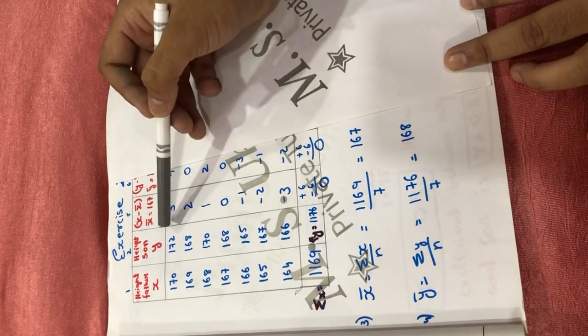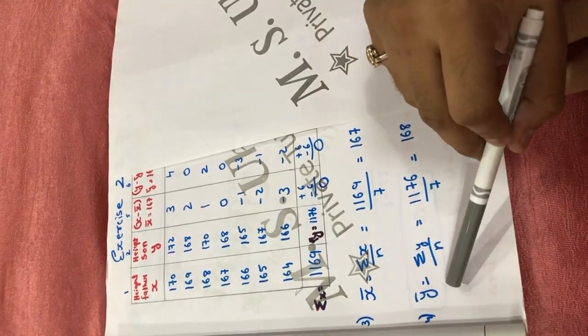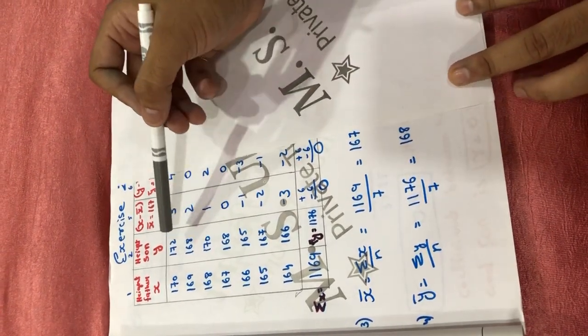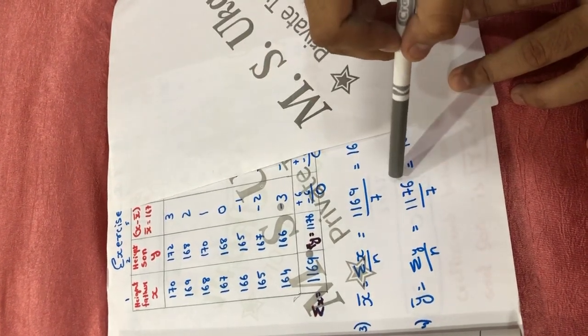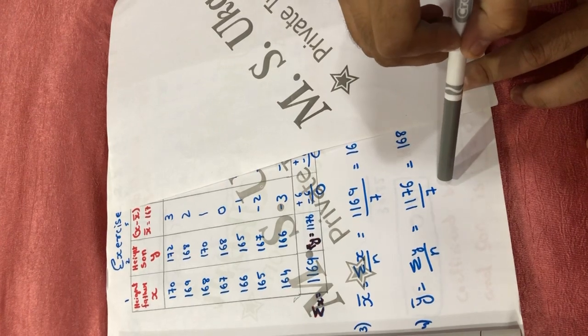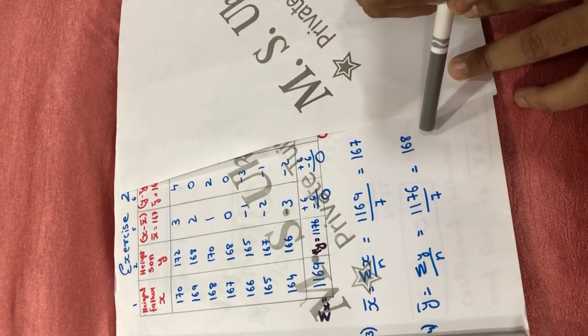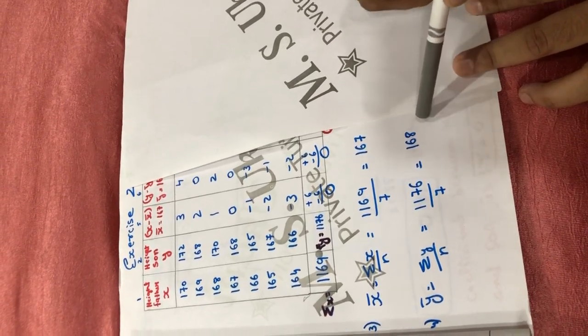Now we will find the y bar. So we have to add the column for y. We will get 1176 upon n, that is 7. So the answer for y bar will be 168.